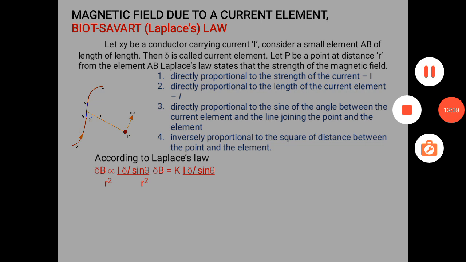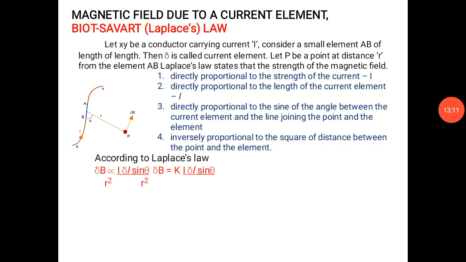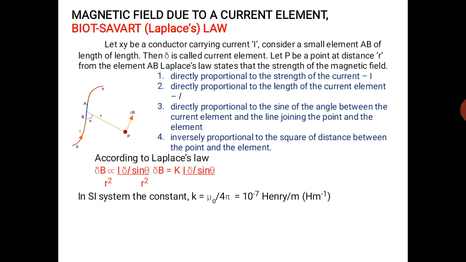Here k is the proportionality constant. In the SI system, the constant k is mu naught upon 4 pi, and its value is 10 raised to minus 7 Henry per meter.